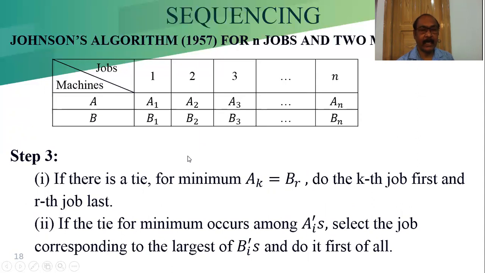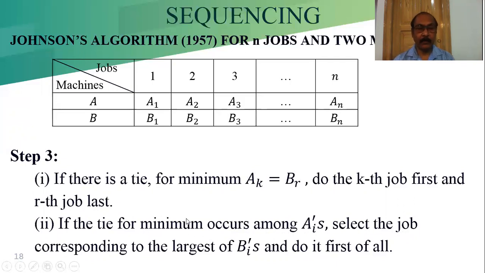If there is a tie for the minimum value, Ak is equal to Br, both are a tie. So the kth job goes first, and the rth job is to be performed at the last, as per the algorithm discussed in step 2. If the tie for the minimum occurrence is among the Ais, select the job corresponding to the largest of the Bis and do it first of all.